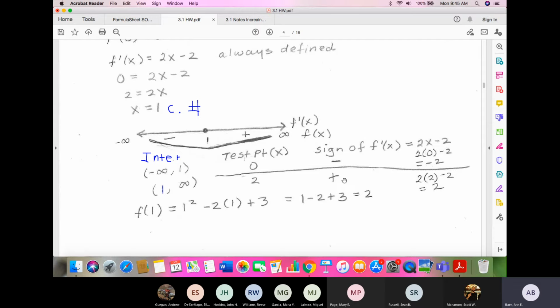So now we're going to put our signs in the sign chart here. You can put them above or below, it doesn't matter either way. Corresponding to this interval, we want the sign of the first derivative to be negative.